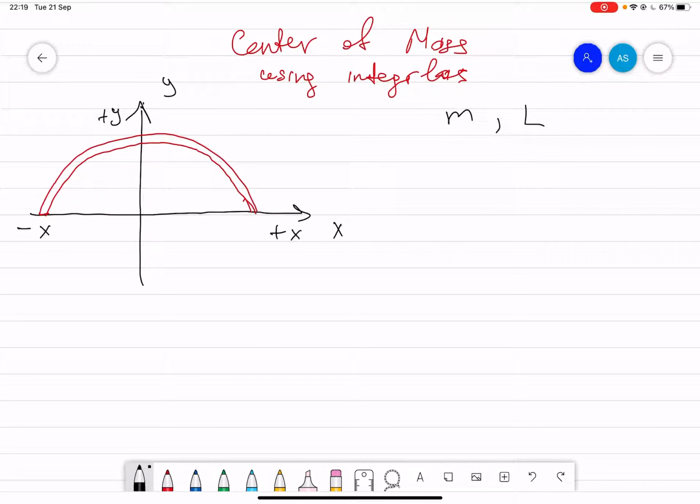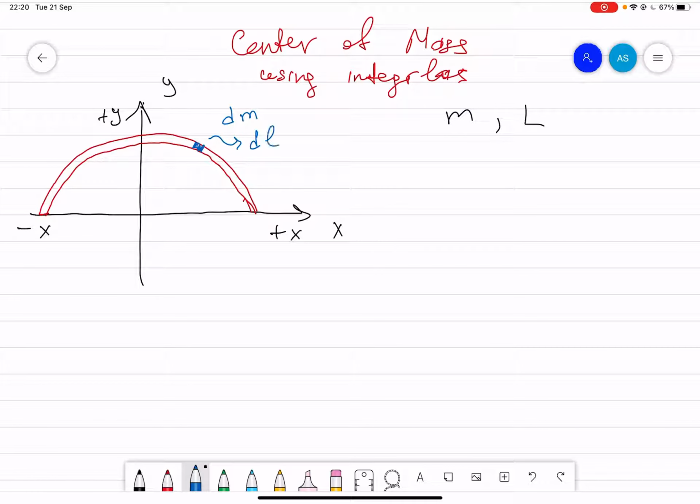First of all, we have to take a very small piece of it. This very small piece has a mass, so it's very small, so I call it dm. Then this small length will be dl.